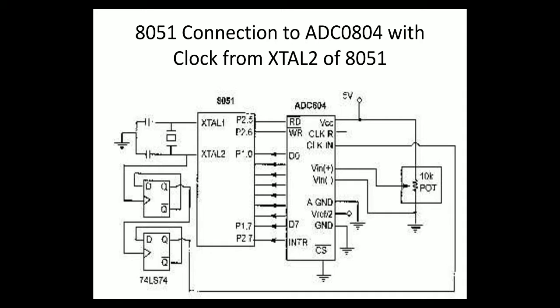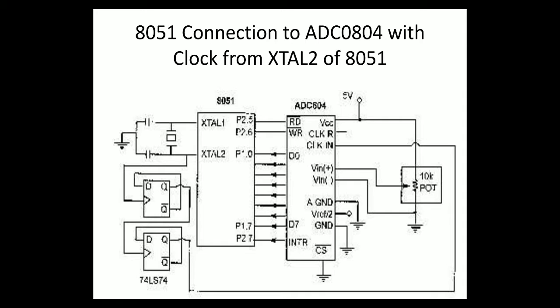In a simple way, when the crystal is connected to the first latch, because it is a positive edge triggered D flip flop, only when the positive edge occurs will the Q be produced. In a similar way, this Q becomes a clock for the next latch.